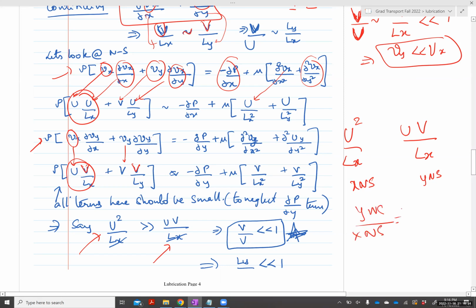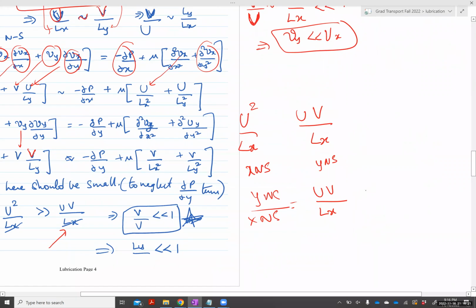Let's do the y Navier-Stokes divided by the x Navier-Stokes. What do I get? I have UV divided by Lx, divided by U squared over Lx. I get V over U. Now I know that V over U is much less than 1, which I've just shown you, because the velocity in the y direction is negligible compared to the velocity in the x direction.